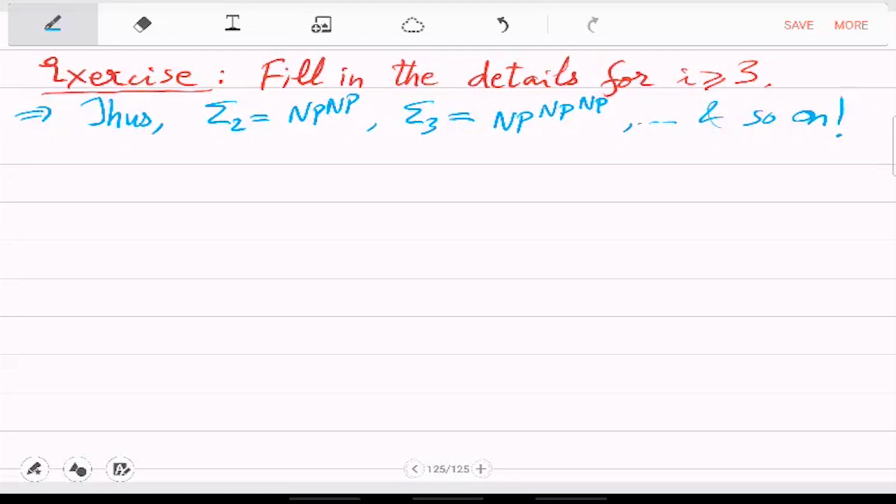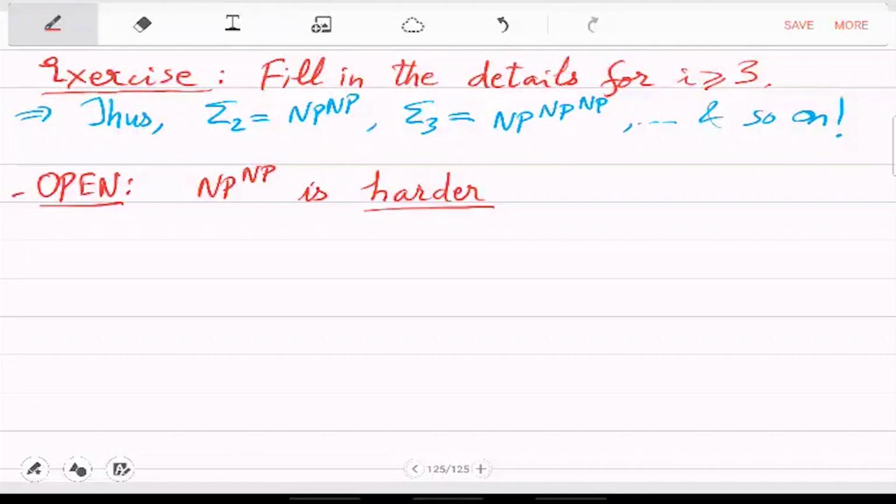And the open question here is that NP raised to NP is conjectured to be harder than NP.